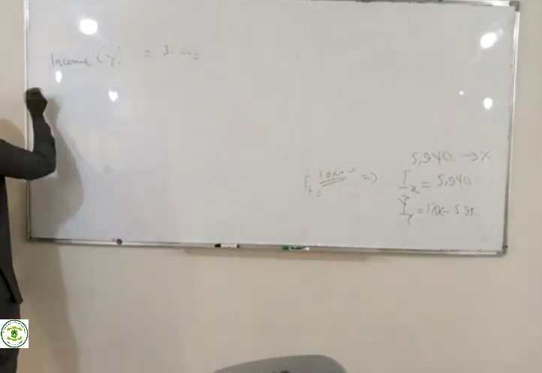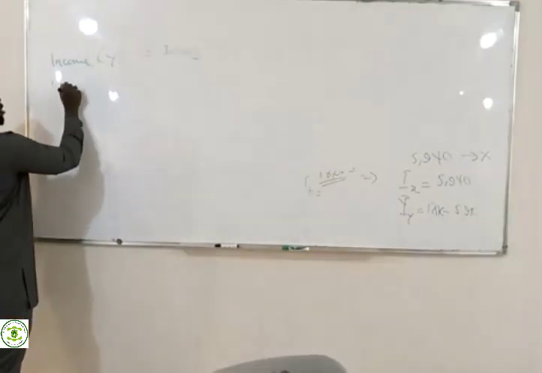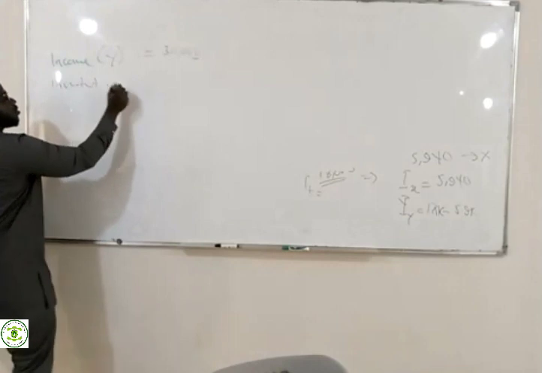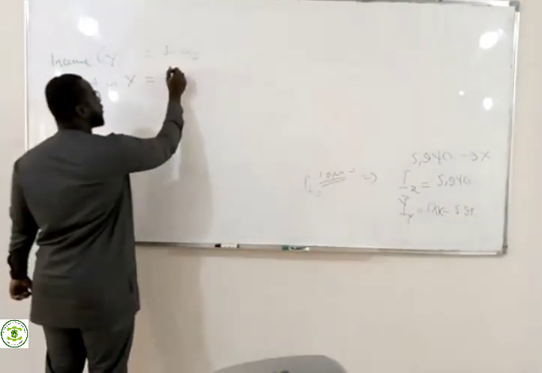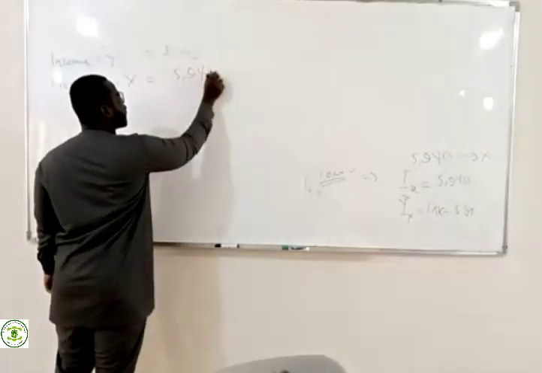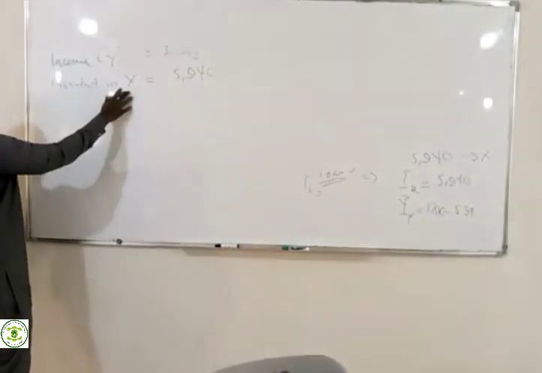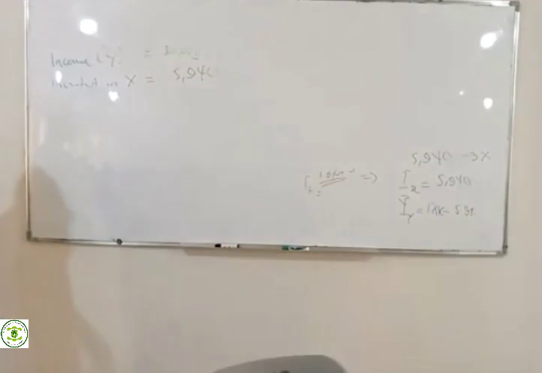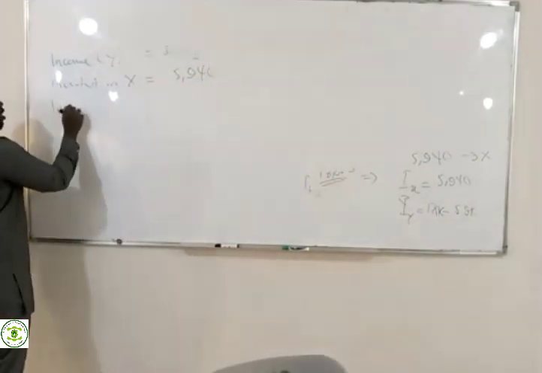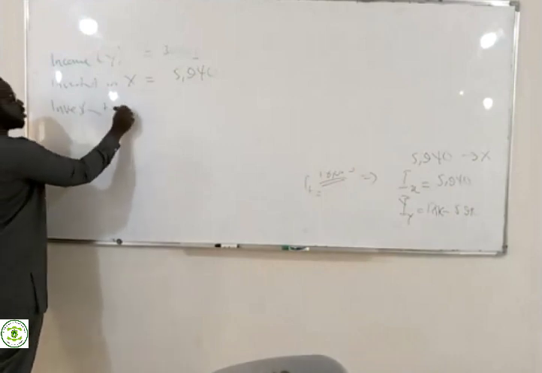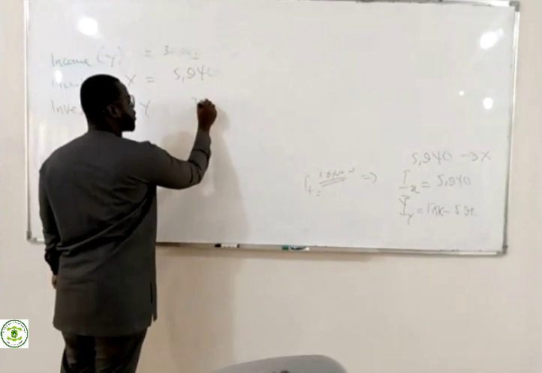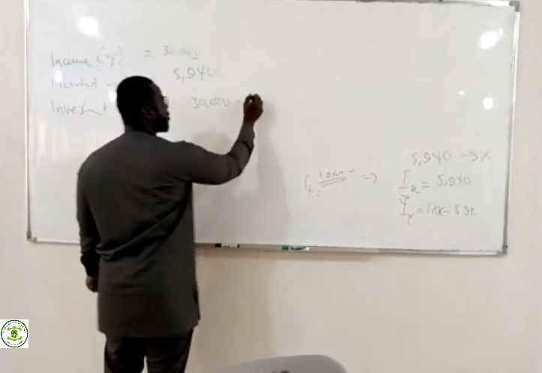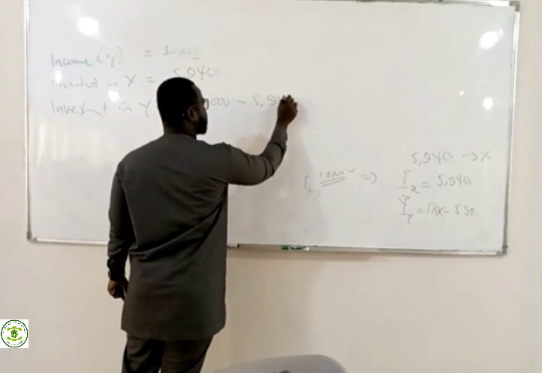And we are told that he is going to invest 5,940 in X. Is that not it? The question is also silent on how much he's investing in Y. But you should know that the investment in Y will be equal to 30,000 minus 5,940.